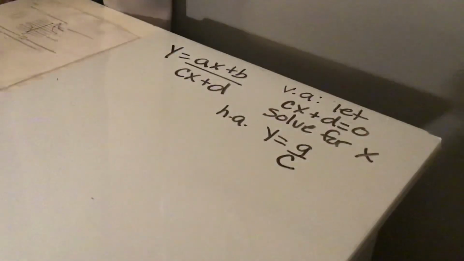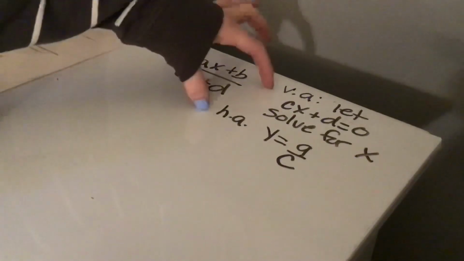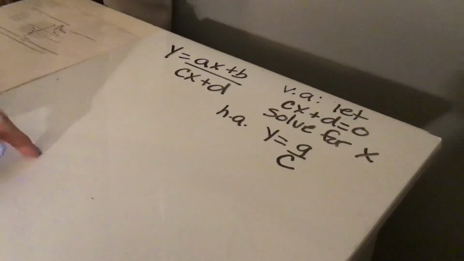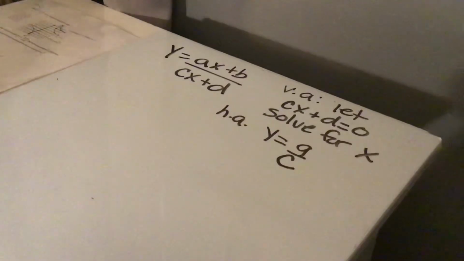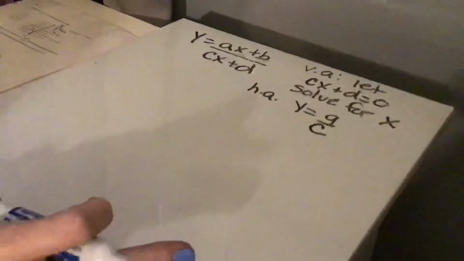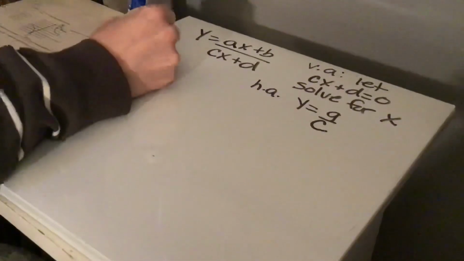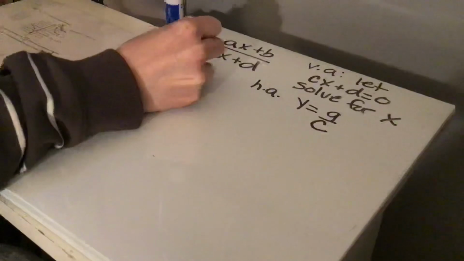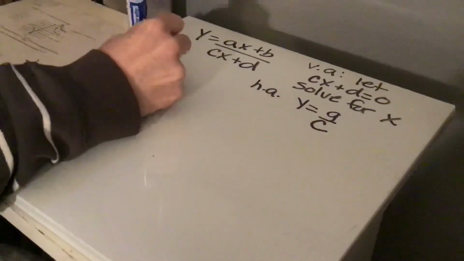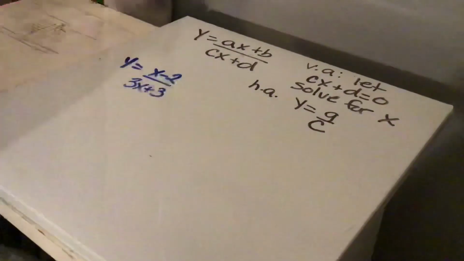So you're looking at the ratio of your leading coefficients, ignoring everything else. And then to graph these, it's the same way as in the other form. Find your asymptotes, pick a couple of points on either side, and make your hyperbola. All right. So we're going to graph our next one in this form. So y equals x minus 2 over 3x plus 3.